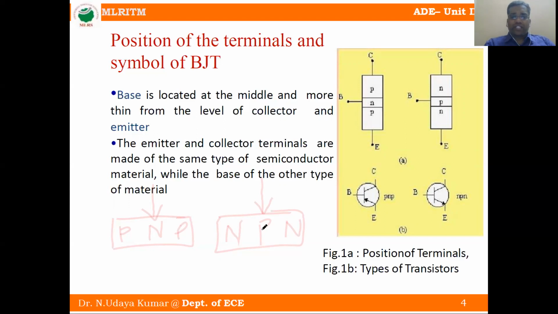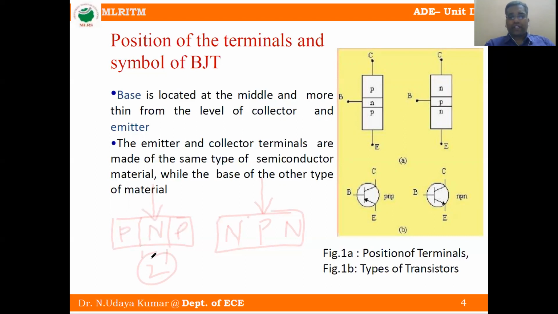Here one junction is formed, because we know that a PN junction diode means one P-type material and one N-type material with a junction formed in between. Then one N-type material and one P-type material, in between another junction is formed. That means here two junctions, this is one and this is one, total two junctions. Already we know how a diode is formed.